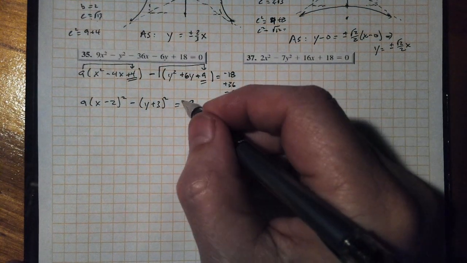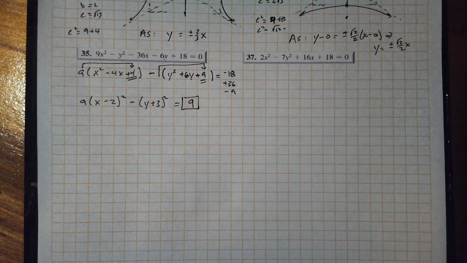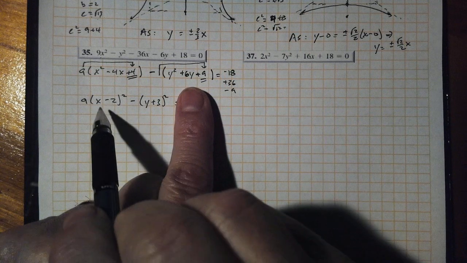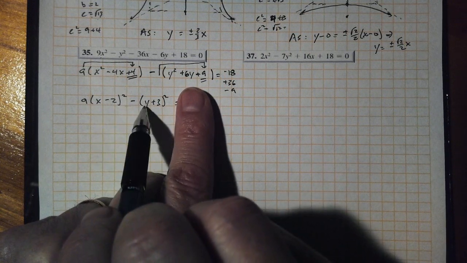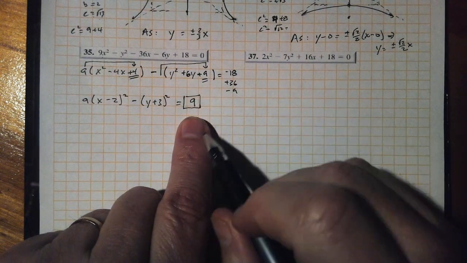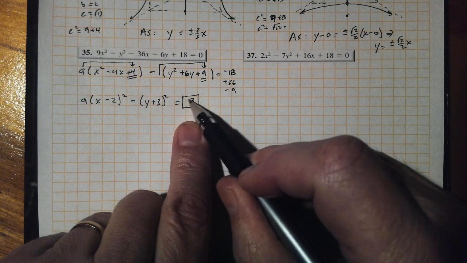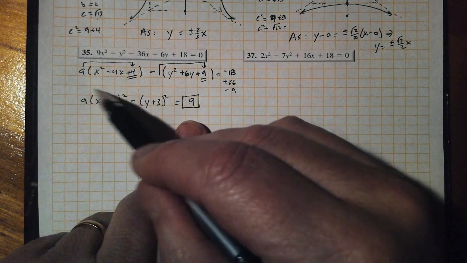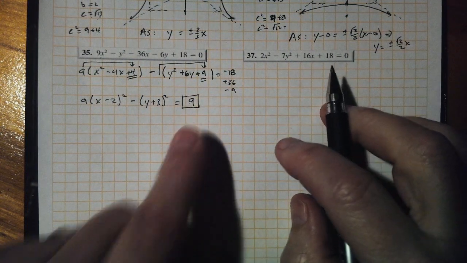And now I'm driven by making this 1. Right now, if we didn't look over here, we'd say, oh, if this is a hyperbola, it's going to open left and right. That might be true, it might not be true. It still has something to do with this. Let's say this had become negative 9. Then I'd be dividing both sides by negative 9. It would make this negative and this positive, and it would flip it to be an up and down hyperbola.